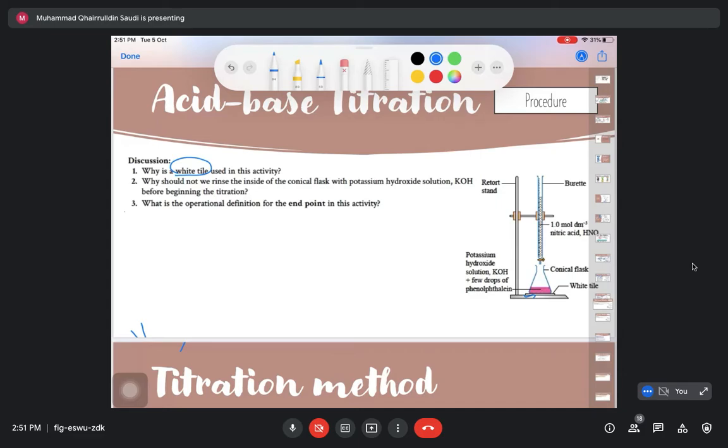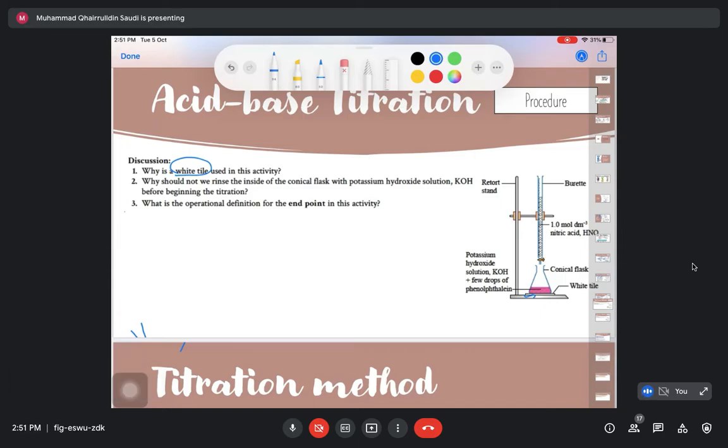Supaya dia lebih jelas. Sorry? Again, girl. Siapa tadi? Ellie. Yes. Untuk tengok colour. Untuk tengok colour, good. To observe our colour changes.